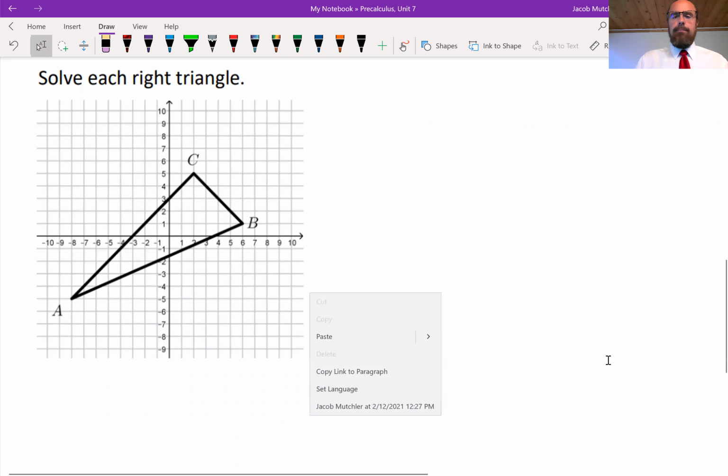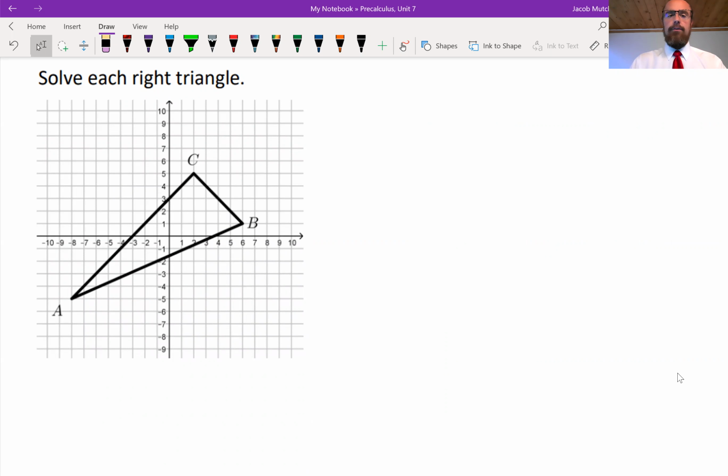Our second example takes away from us the ability just to count. Notice that this triangle is oriented to where all the sides are not horizontal, not vertical. They're all at a tilt, some angle. So what I need to do first is just identify the vertices, and then I need to find the side lengths.